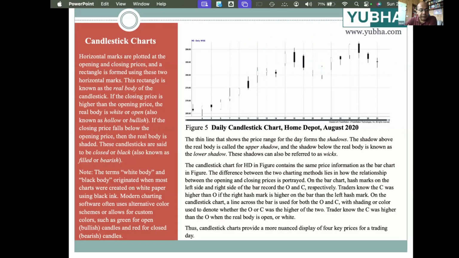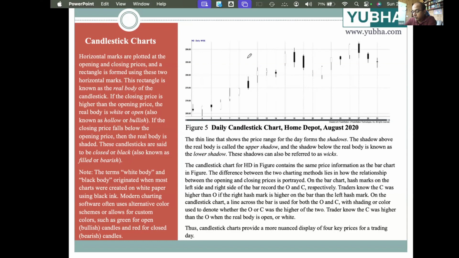If you really look at it over here, what you can also see is that white or open candles are hollow or bullish candles, and closed candles or black candles are filled candles. One way to remember it is that a hollow candle will float on water, and a candle that is completely filled will sink. So a black candle is the one that is completely filled and will sink, which means that it is bearish in terms of prices.